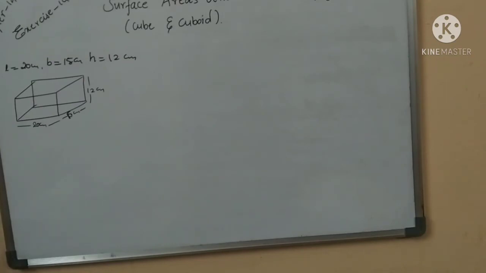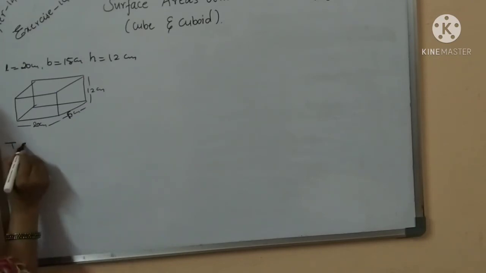Now the fourth problem. Find the cost of painting a cuboid of dimensions 20 centimeters, 15 centimeters, 12 centimeters at the rate of 5 paisa per square centimeter. So it is also a cuboid figure. Find first the total surface area. What is the formula?